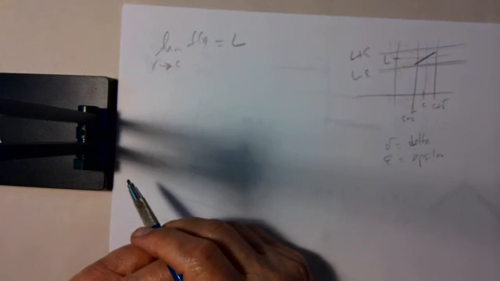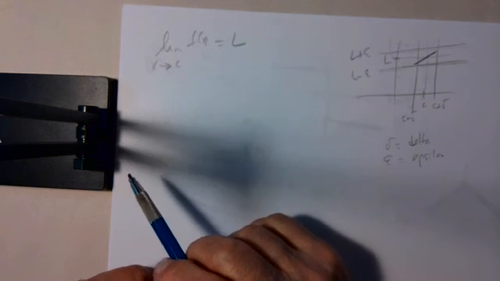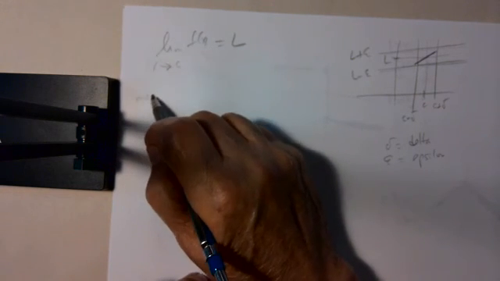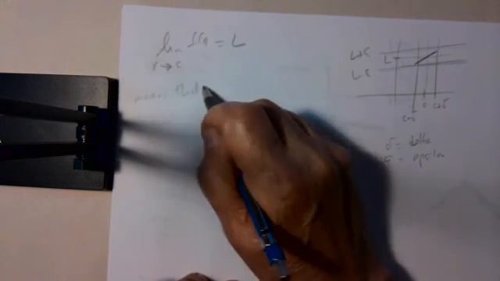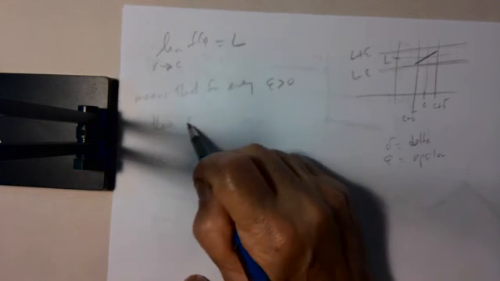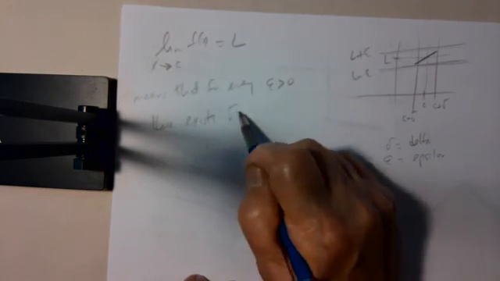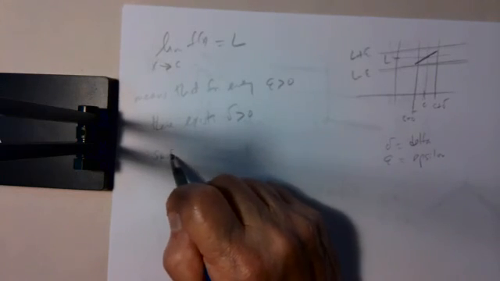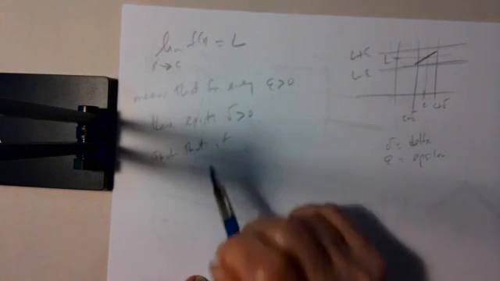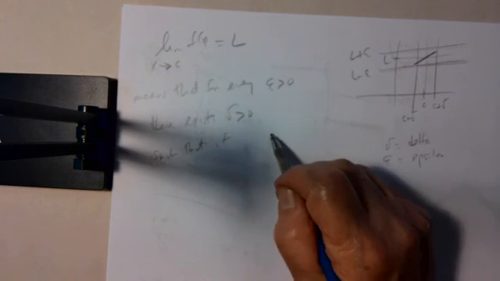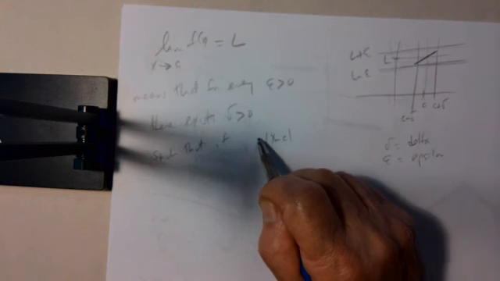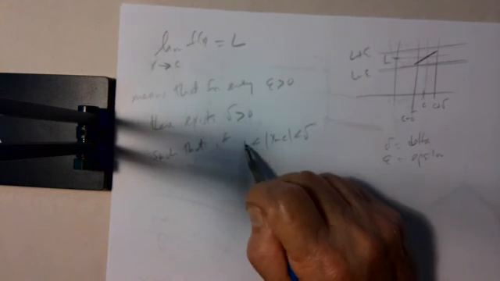It is that the limit of f of x as x approaches C is equal to L means that for every epsilon greater than 0, no matter how small you make it, just any epsilon greater than 0, there exists a delta greater than 0, such that if x is close to C, within delta of C, so the absolute value of x minus C is less than delta and greater than 0.